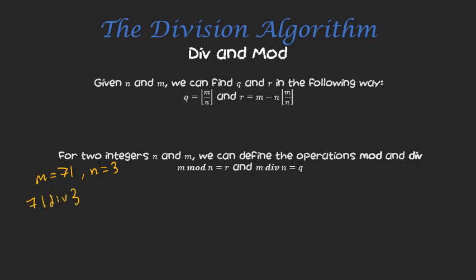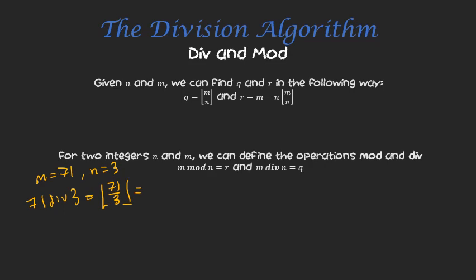This is spitting out the quotient. And so how do I calculate this? Well, I do 71 divided by 3. In this case, I get 23.666 repeating. So this is being able to just use pre-existing things. 23.666 repeating. And then the floor, so this, remember, is the floor of 71 over 3.